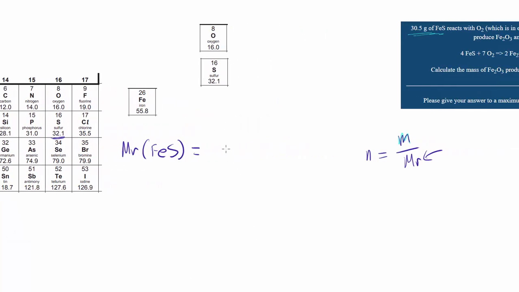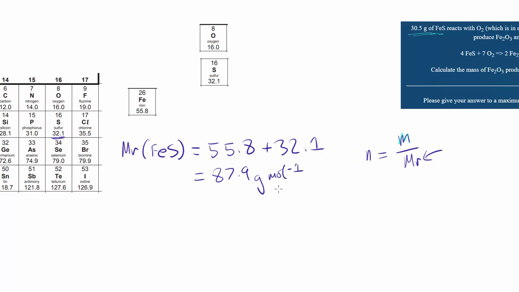So the Mr would simply be the relative atomic mass of the Fe plus the relative atomic mass of the sulfur, because each of them is just 1, right? So 55.8 plus 32.1, and that gives us 87.9, and that's going to be grams per mole.